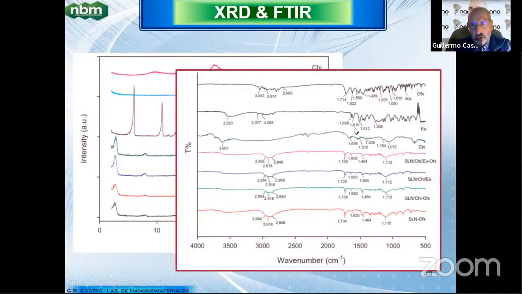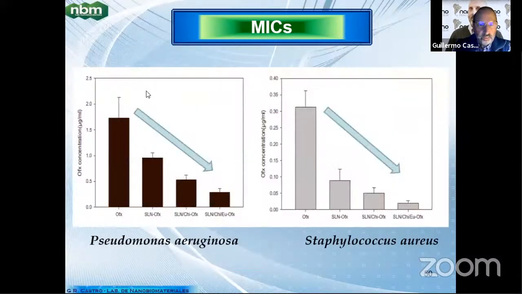FTIR also shows some interactions between the molecules. So it's not just a physical interaction, but a chemical interaction with different kinds of groups. So this is the effect of the formulation.